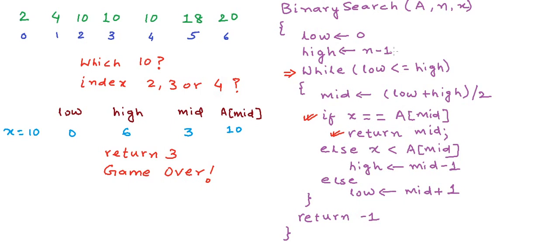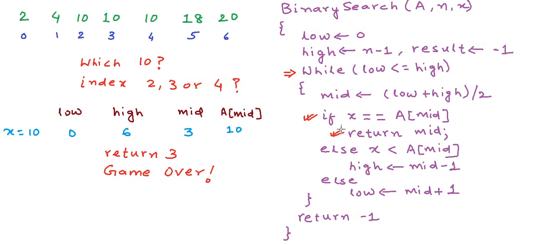So I will modify this algorithm slightly here. At the beginning, let's say we take a variable result and initialize it to minus 1. I'll come back to why I'm initializing it to minus 1, and I'm short of space here, so I'm writing 2 statements in the same line with a comma.